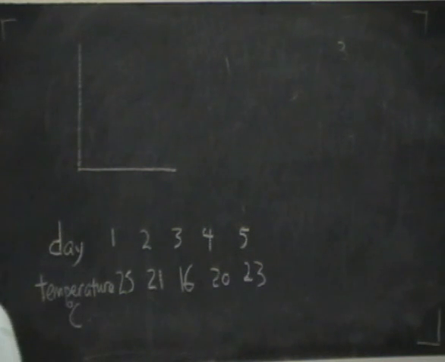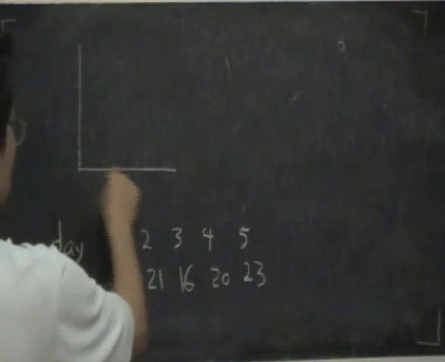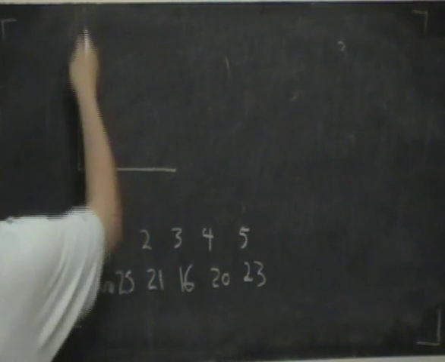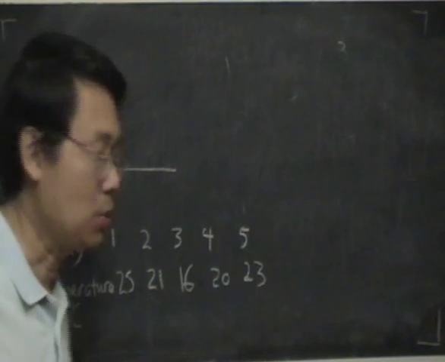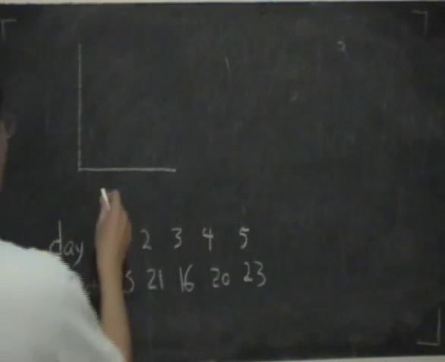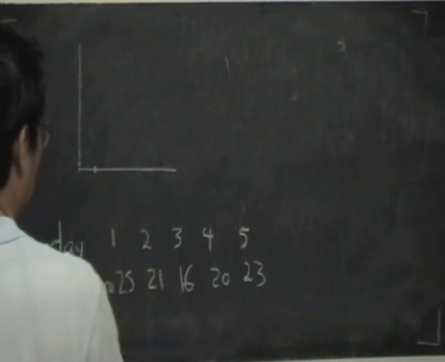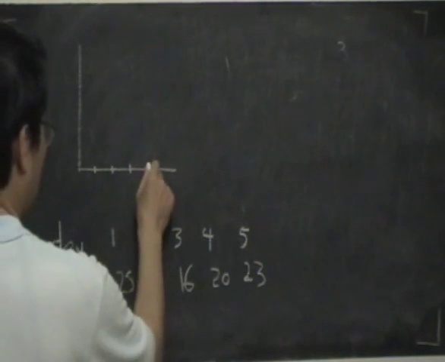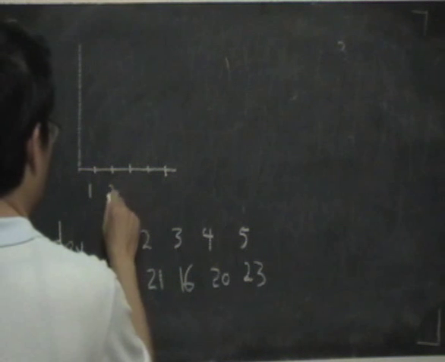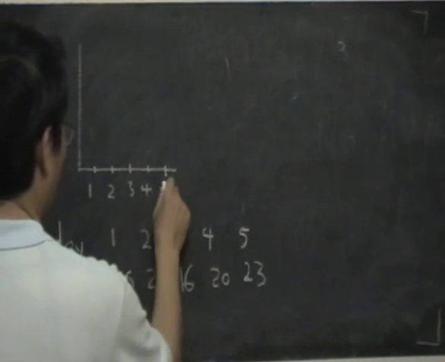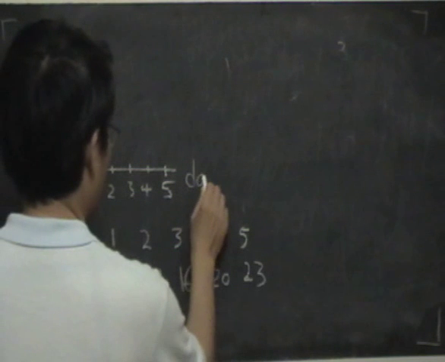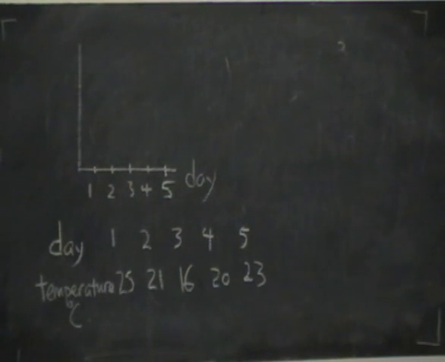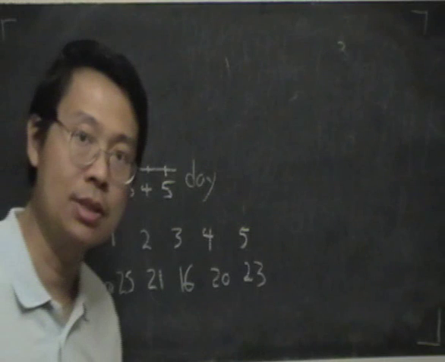So this is how we do it. I draw two lines, one horizontal and one vertical. These are called the axes, and I mark out the number of the day on the horizontal axis. So 1, 2, 3, 4, 5. That's the day. And for the temperature, I use the vertical axis.